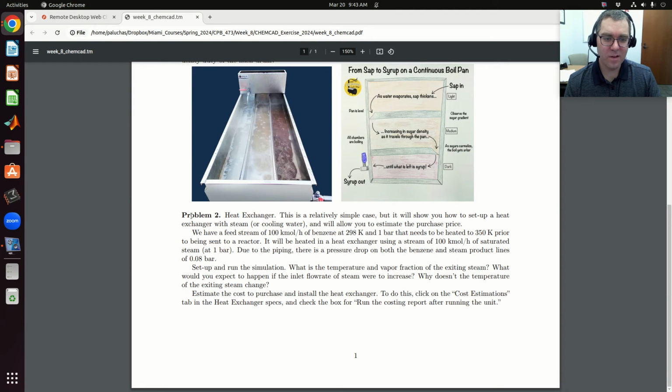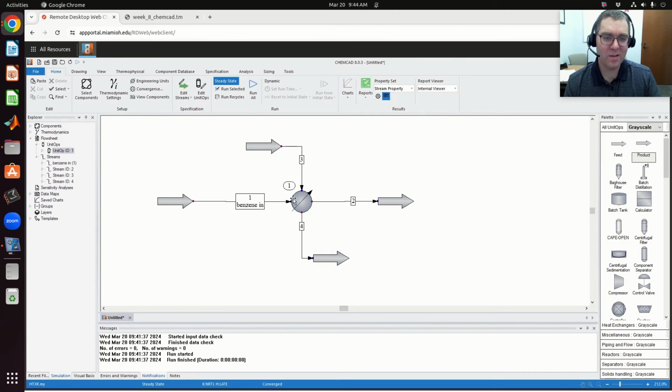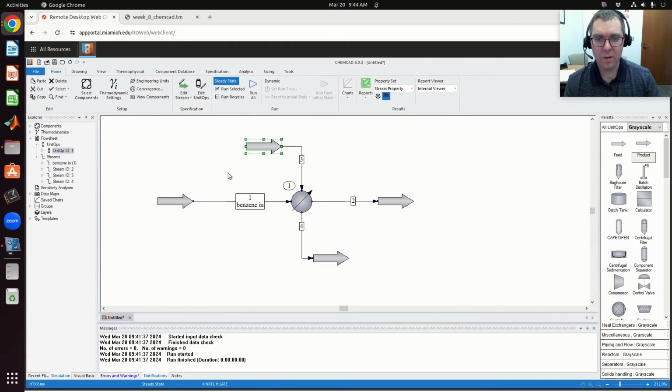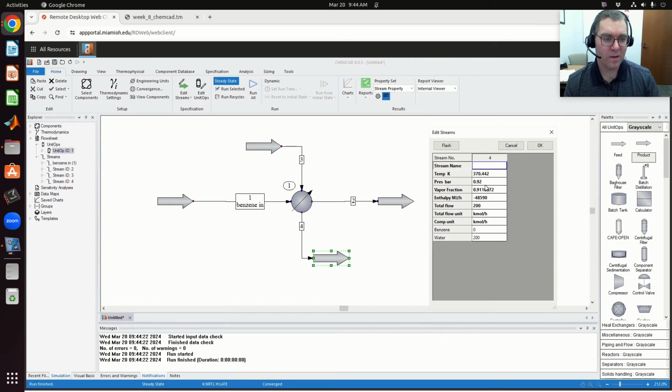And then the second part. If the inlet flow rate of steam were to increase, what happens to the exit temperature? Again, the big thing is that the main effect of heat transfer is coming from condensing steam. So if I were to increase the flow rate of steam, so if I were to make that 200, and then I run it, coming out here in stream 4, it's still the same scenario.